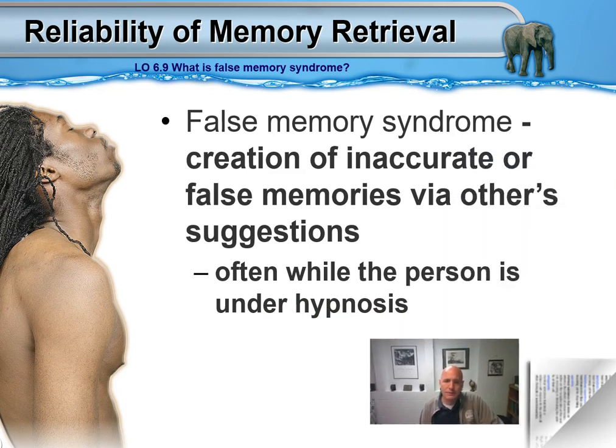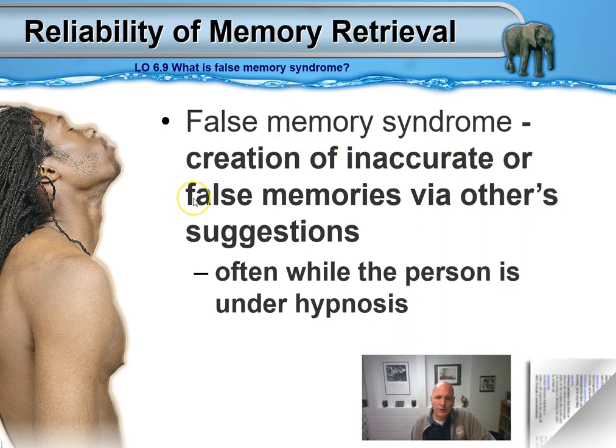Also, hypnosis, pseudo-memory syndrome. There have been several cases, one in particular that was thrown out of court. It was a young lady who accused her father of sexual abuse, and the conviction of the father was thrown out because the memories were uncovered during hypnosis.